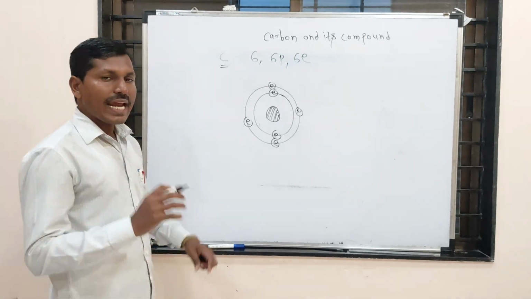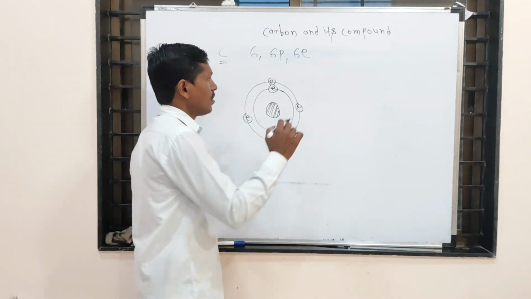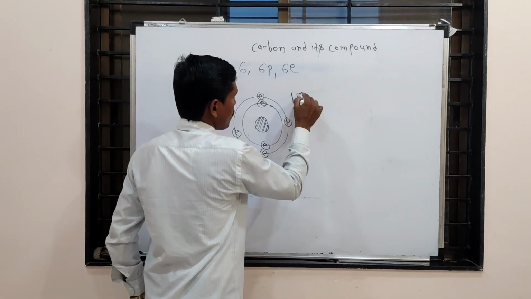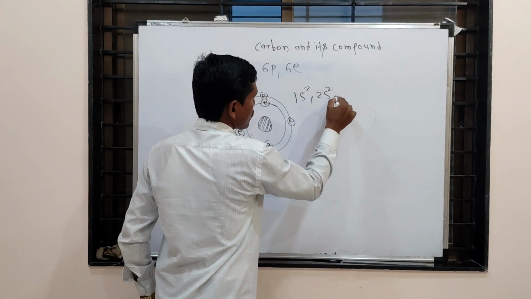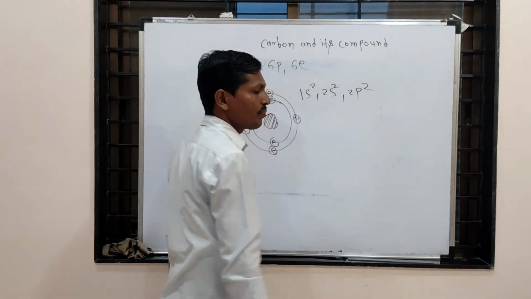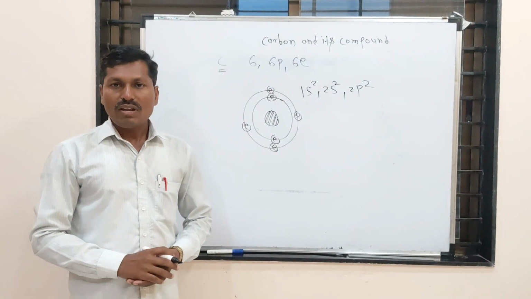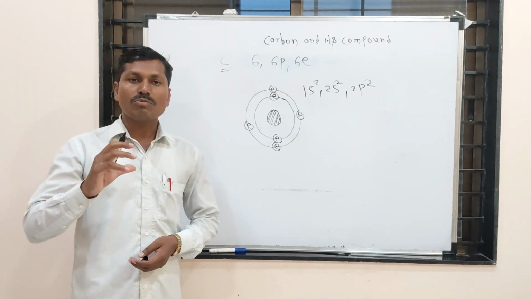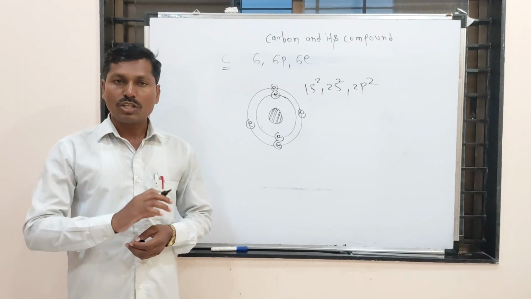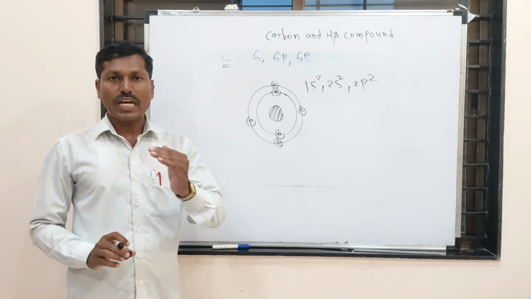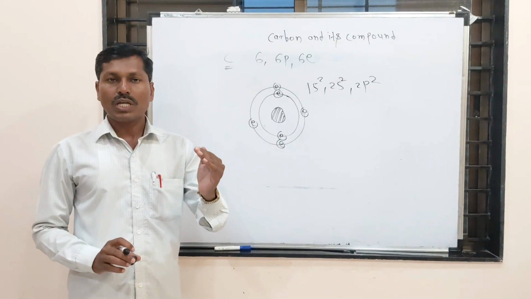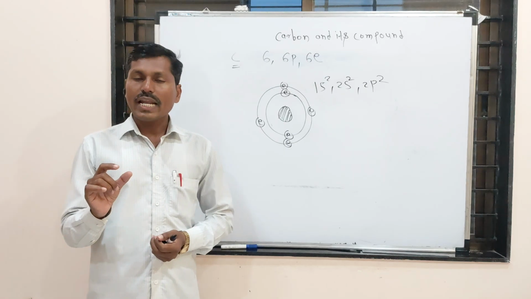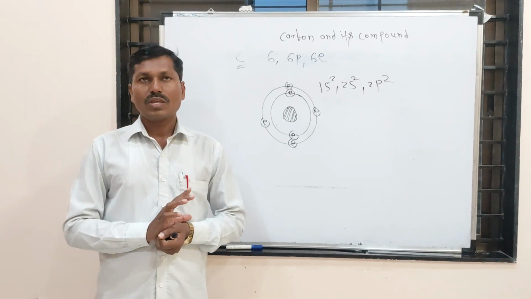So how can we write the electronic configuration of the carbon atom? That is 1s2, 2s2, 2p2. First of all, I will clear what is meant by electronic configuration. The simple meaning of electronic configuration is the distribution of electrons into the different shells according to the energy level. See children, we cannot keep all the electrons in a particular shell.